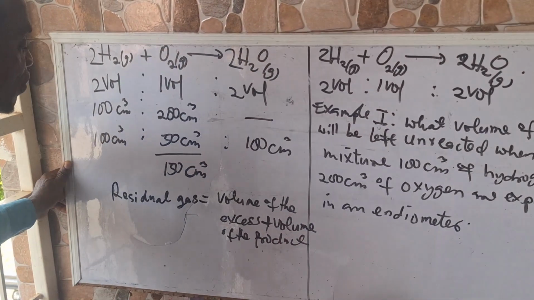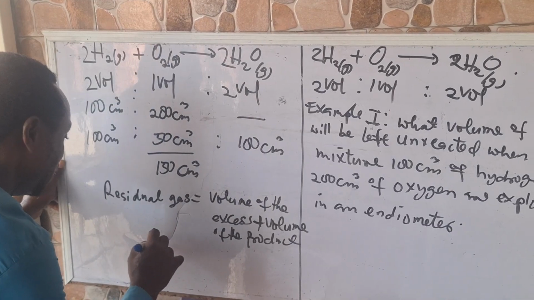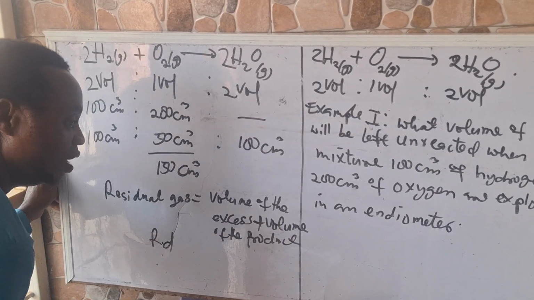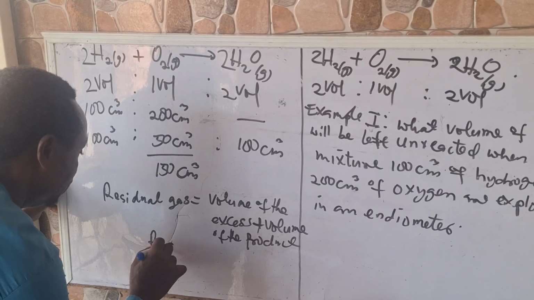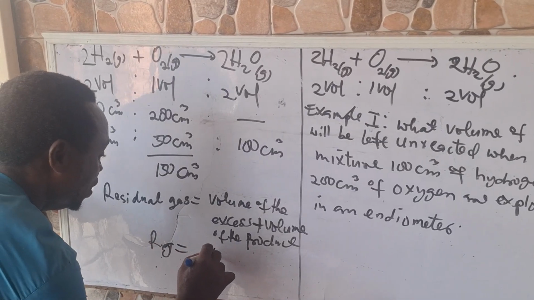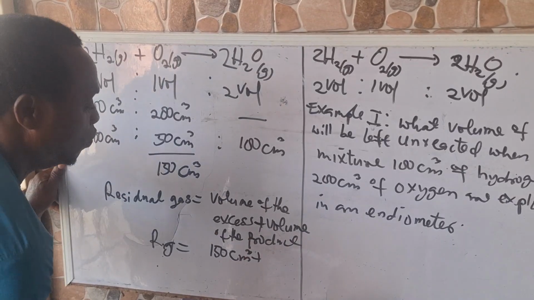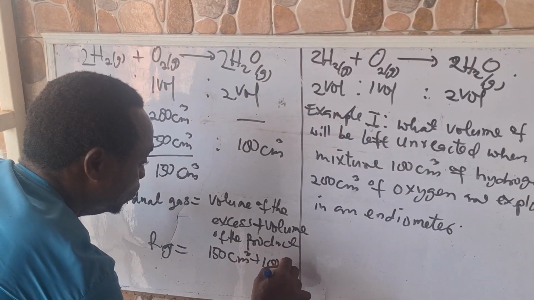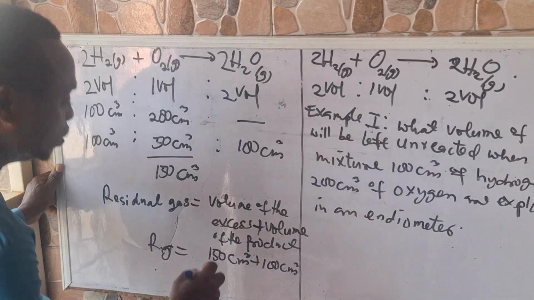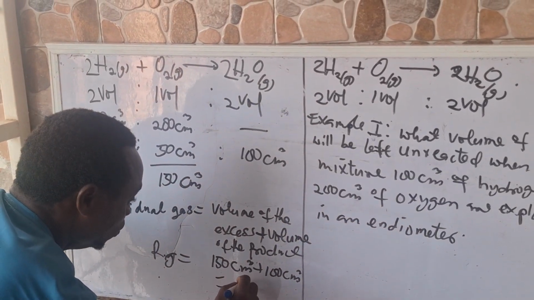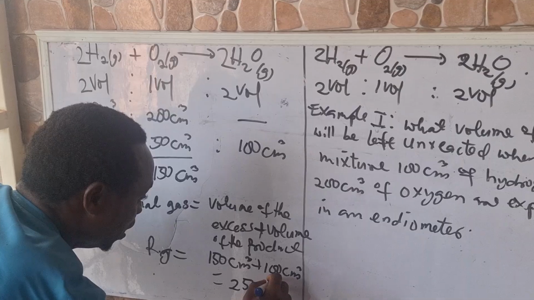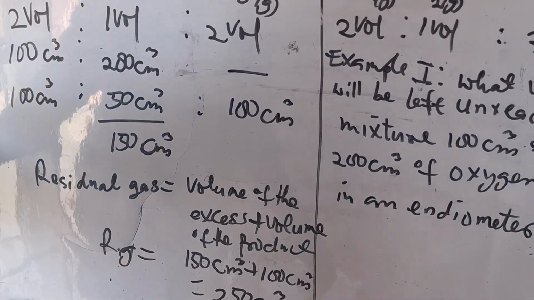So residual gas, RG, should be 150 cm³ plus 100 cm³, which is the volume of the product. The answer gives us 250 cm³. That is the residual gas.